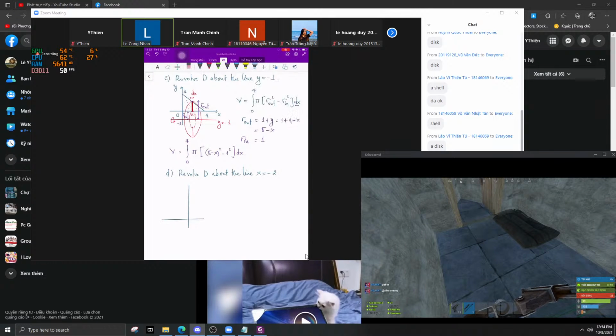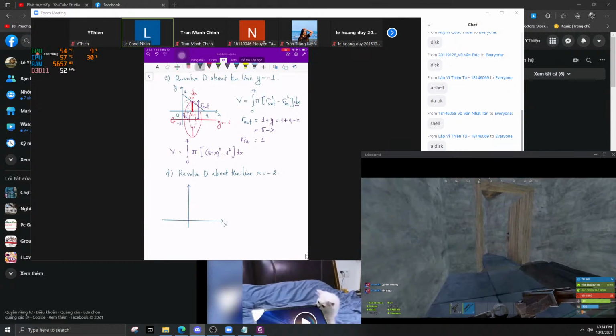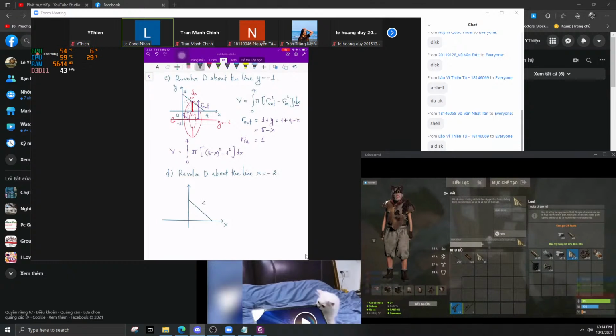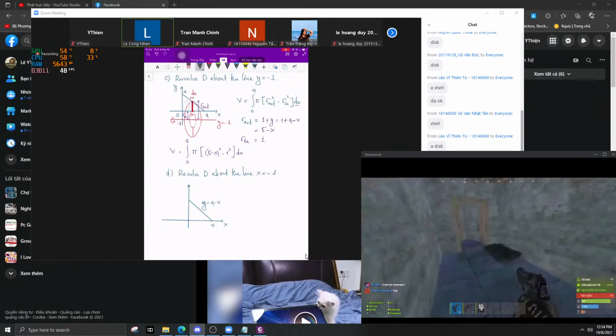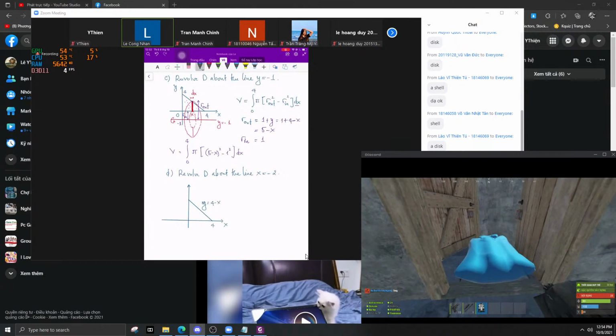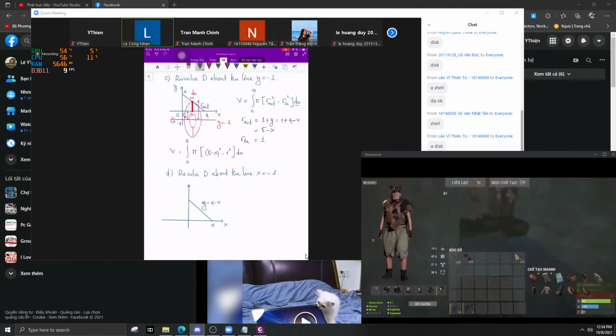In the xy plane, we have the region D bounded by the line y equals 4 minus x. This line cuts the x-axis and the y-axis at the value 4 and 0. So we have the region D.